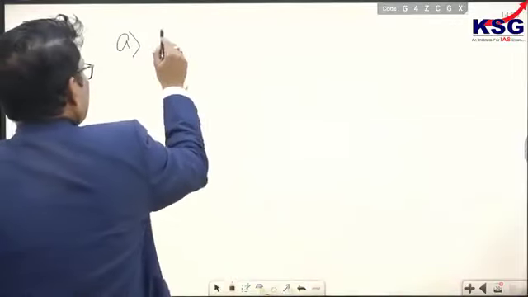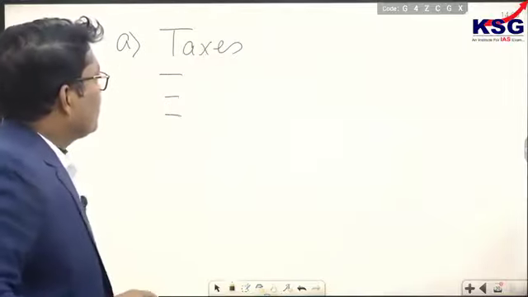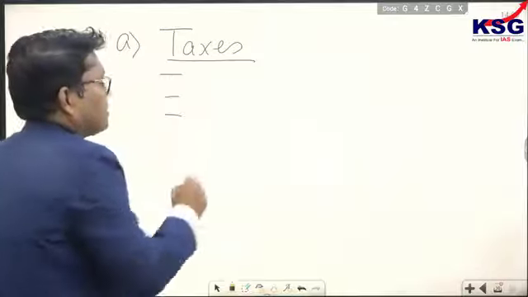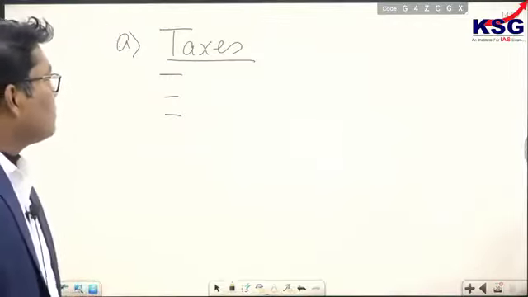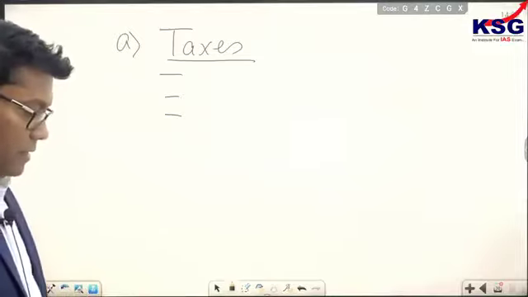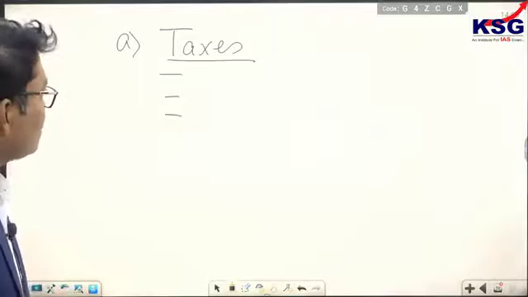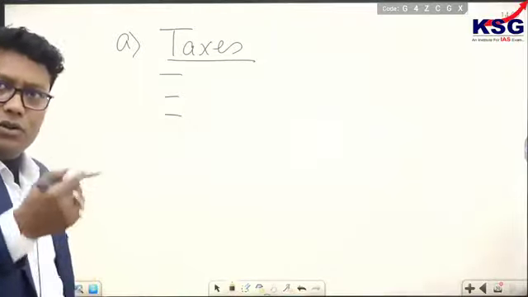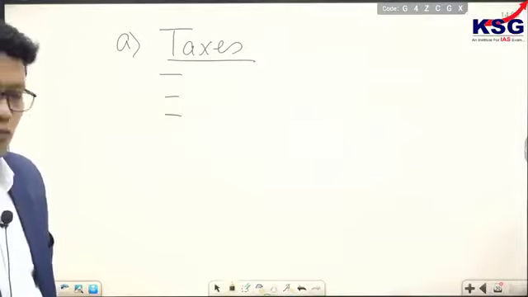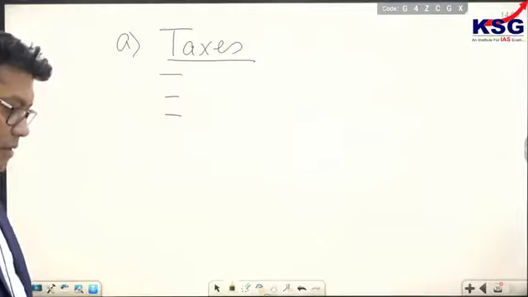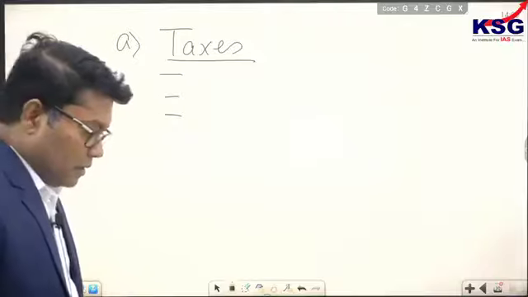First you write taxes, then you write one by one. First, A, taxes. Then you write income tax, corporation tax, excise duty, GST, customs duty.